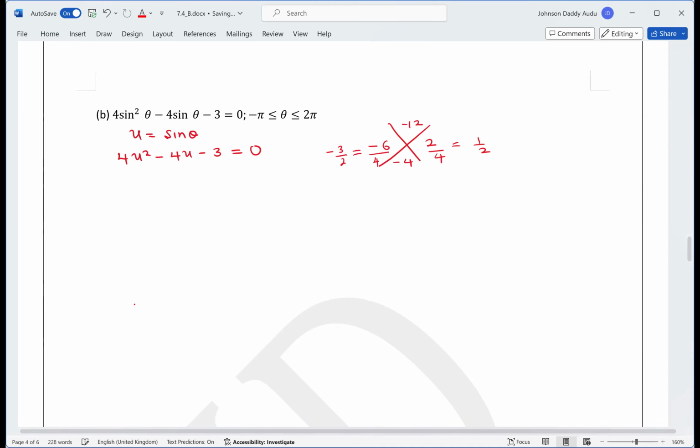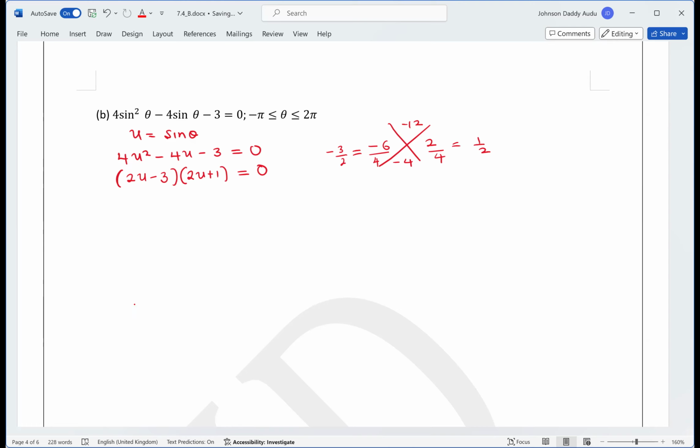So depending on which method you use, you can write this as 2u minus 3 times 2u plus 1, and this is equal to 0. What does that mean now?